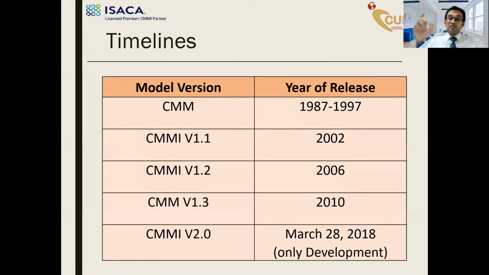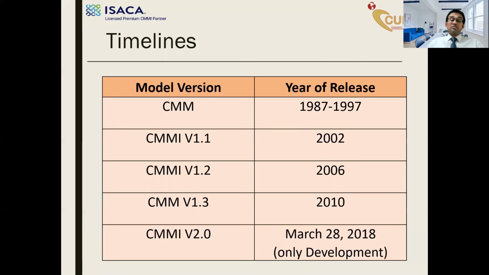Roughly each of these versions stayed for about 4 years. That's a good thing. Now between version 1.3 and 2.0, we have about 8 years of gap. That definitely tells you about the success of version 1.3. Because that was the most popular model, the adoption worldwide was great, and the number of companies that adopted version 1.3 was far greater.